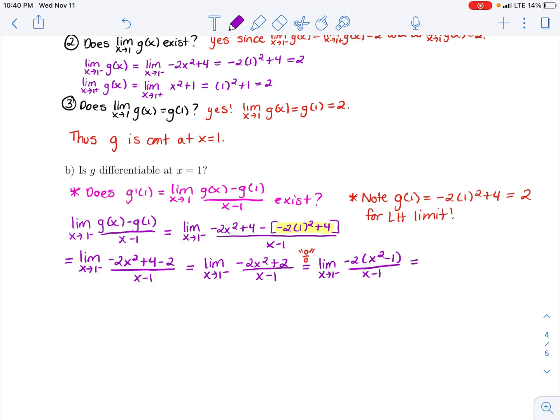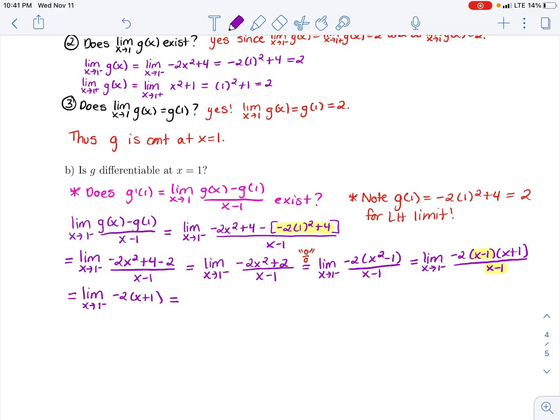So this is going to be equal to the limit as x approaches 1 from the left of negative 2 times x minus 1 times x plus 1, all over x minus 1. Now I cancel these. So this is the limit as x approaches 1 from the left of negative 2 times x plus 1.